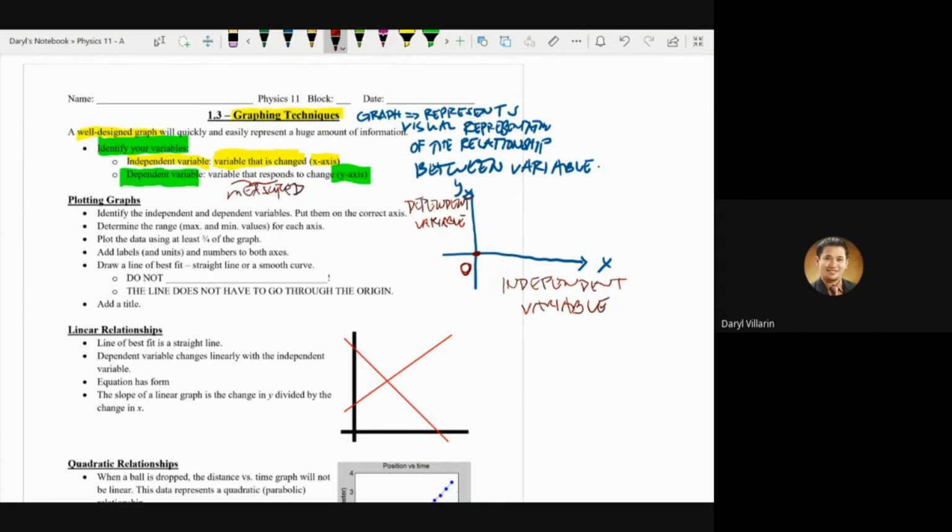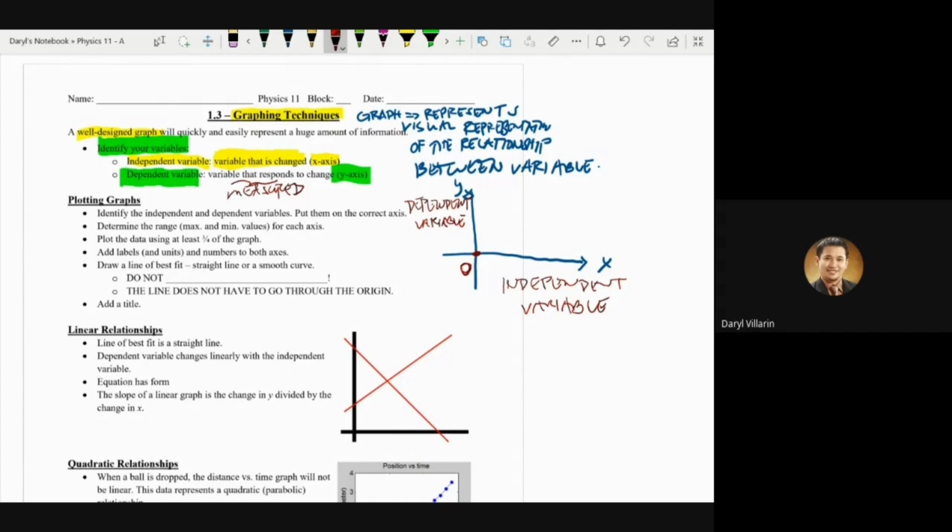In my example, you measure the distance covered by the object every minute. You set the time, so the independent variable is the time, and the dependent variable is your distance, the one that is being measured in your experiment.